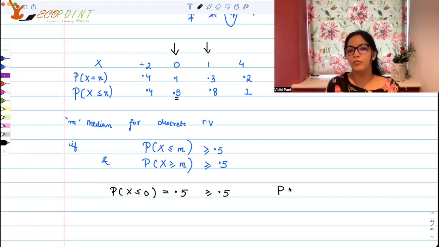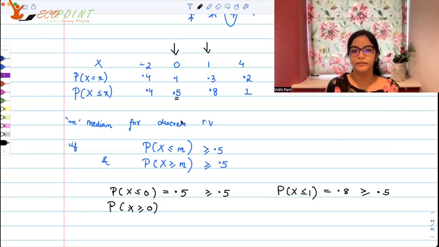And probability x less than or equal to 1 is 0.8, also greater than or equal to 0.5. Now, what is the probability x is greater than or equal to 0? It will be 0.1 plus 0.3 plus 0.2. That is 0.6, which is also greater than or equal to 50%.